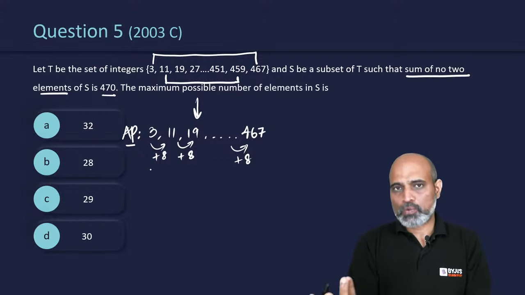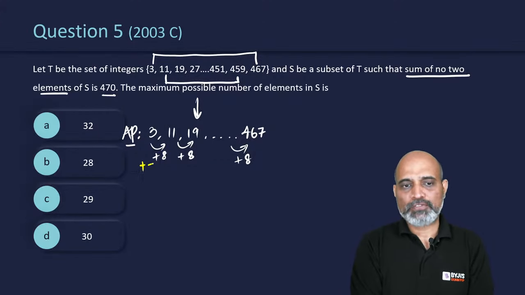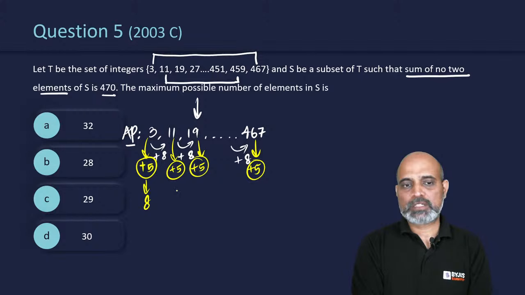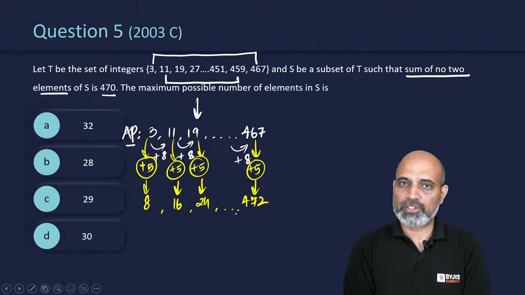तो इसके लिए देखो, what I'm going to do is I'm going to add 5 हर number में. Why? You will understand it very soon. So when I add 5 to it, this becomes 8, this becomes 16, this becomes 24, and this one will become 472. Look at these numbers, 8, 16, 24, 472.